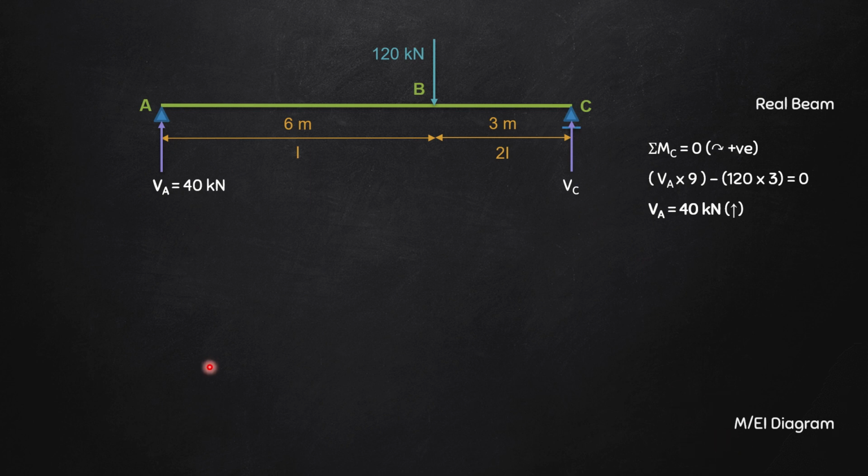Alright, so in order to find the M by EI diagram, of course the moment at A and the moment at C will be 0. That is already something we know, right?